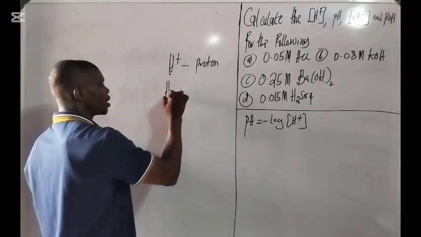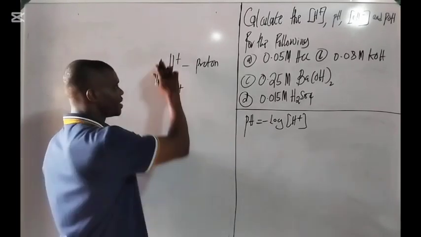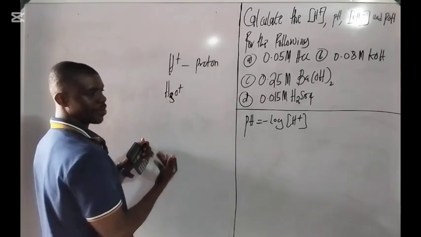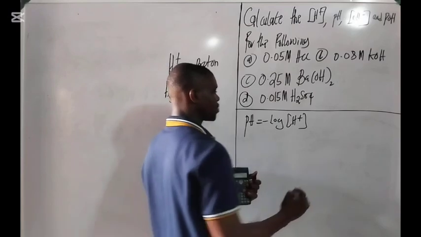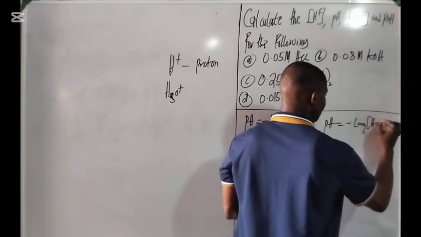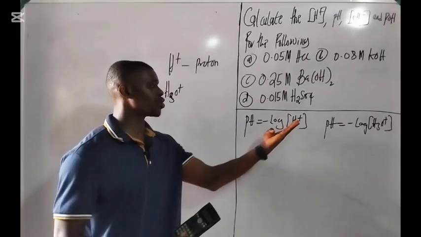Here we also have H3O plus, called the hydronium ion. These two are used interchangeably. In some formulas, you can also see it as pH equals minus log H3O plus. The two of them are the same thing, but I like this one here.